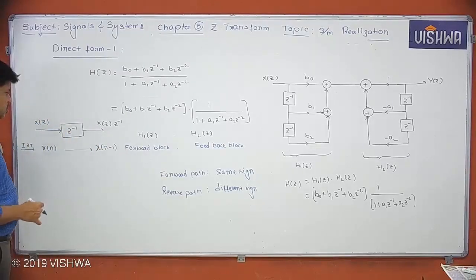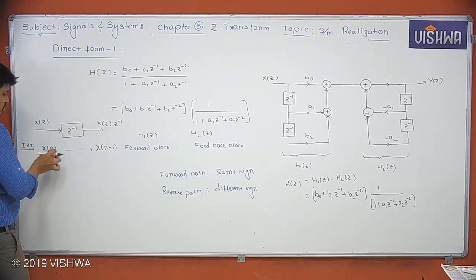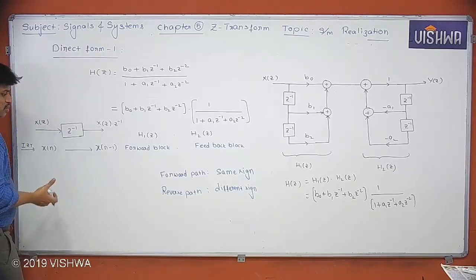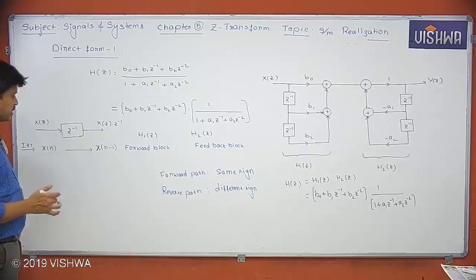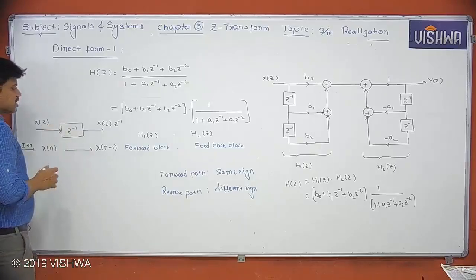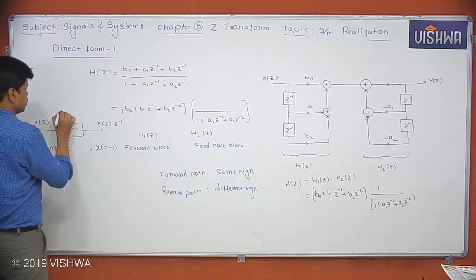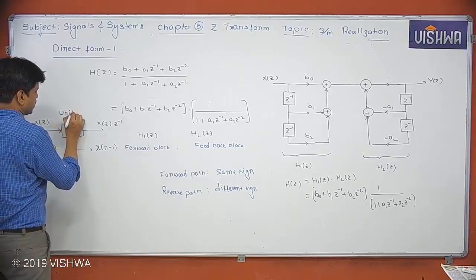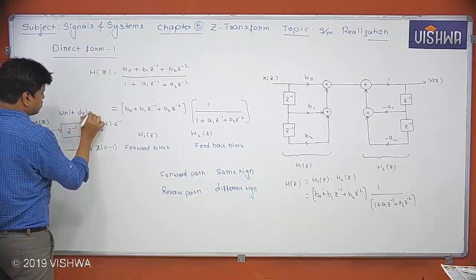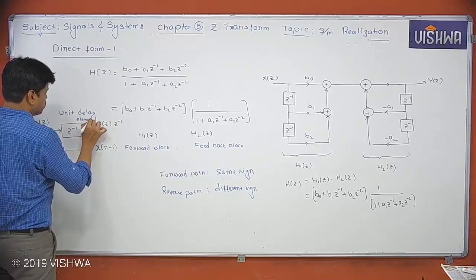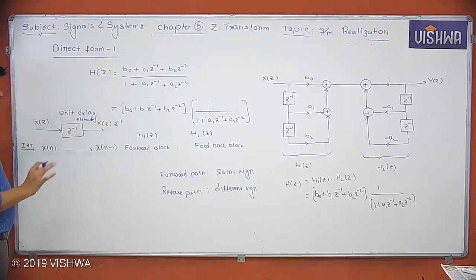So from X of n to X of n minus 1, we got a delay of 1 unit. So Z inverse is nothing but a unit delay element. Whenever you see Z inverse, that indicates a unit delay element.